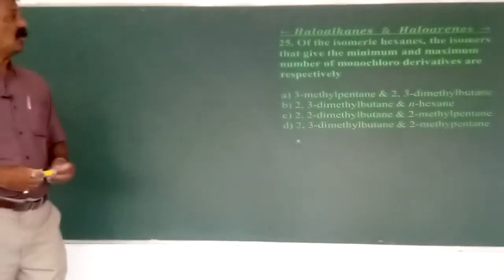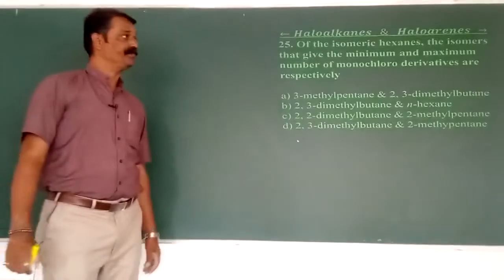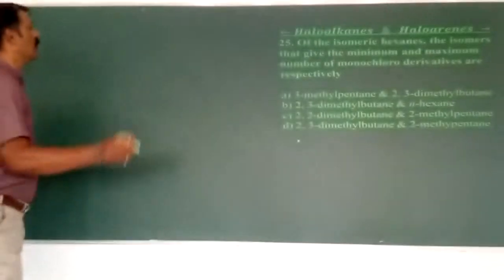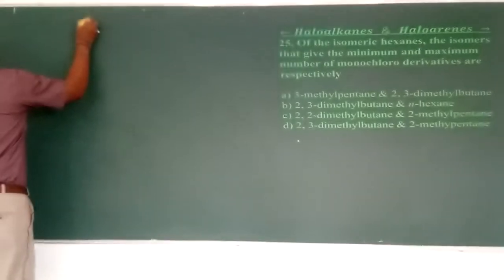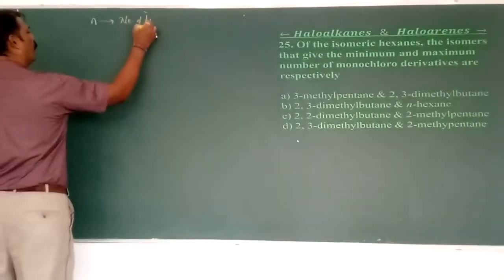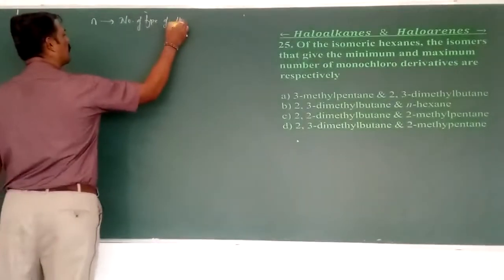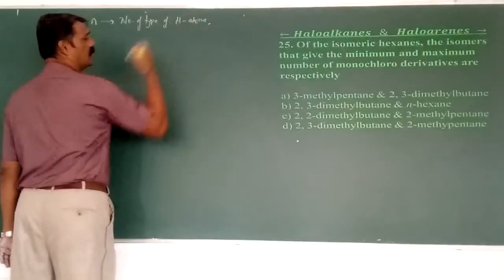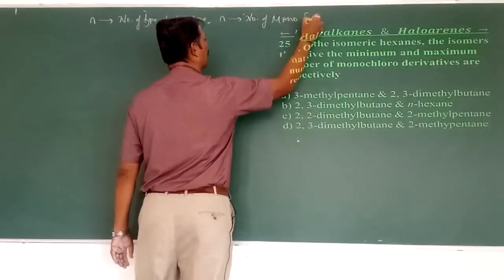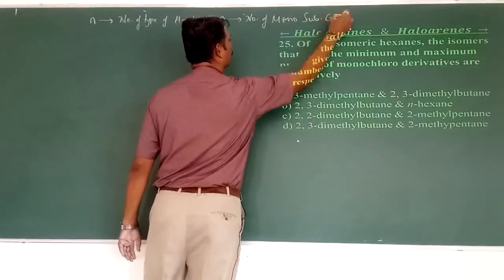Question 25 is about the isomeric hexanes, the isomers that give the minimum and the maximum number of monochloro derivatives respectively. If N is the number of types of hydrogen atoms, then N is the number of mono-substituted compounds.